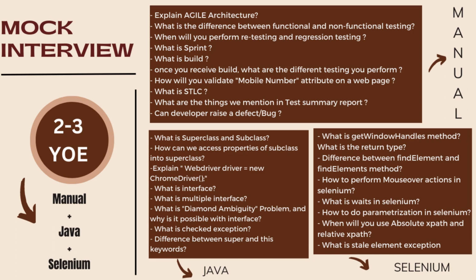What are all the things you will mention in a test summary report? In my current organization, we mention the number of test cases, executed test cases, defects found, how many pass, how many fail, and how many not run. On the basis of that, we generate the test summary report. What about defects?